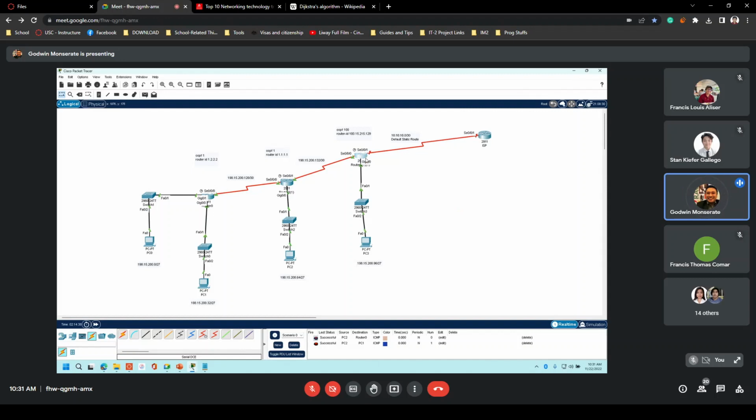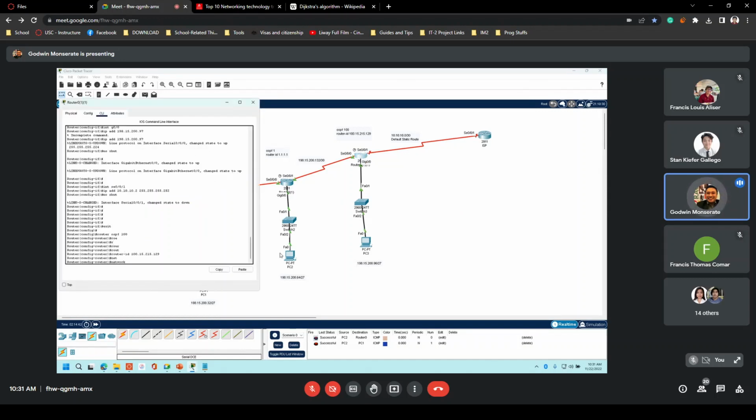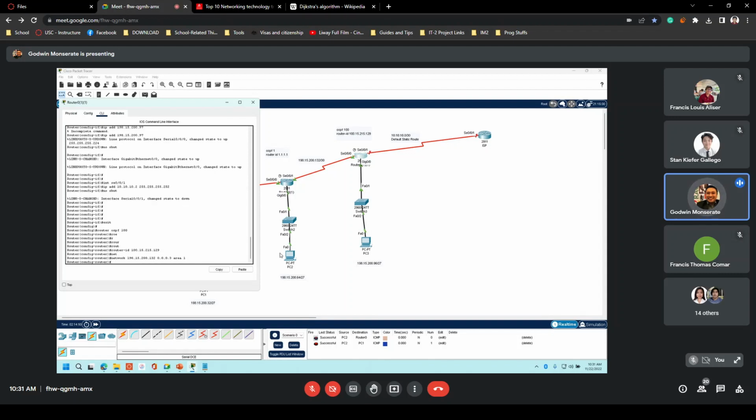Okay? So tiwason ni nato. Then butang tag network, sa network na naaniya dire 198.15.200.132 0.0.0.3 area 1. So meaning nag-convert sila tanan sa area 1. Then the next network is the 96.